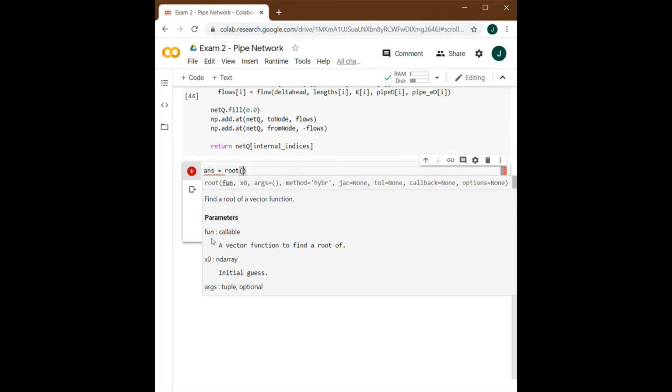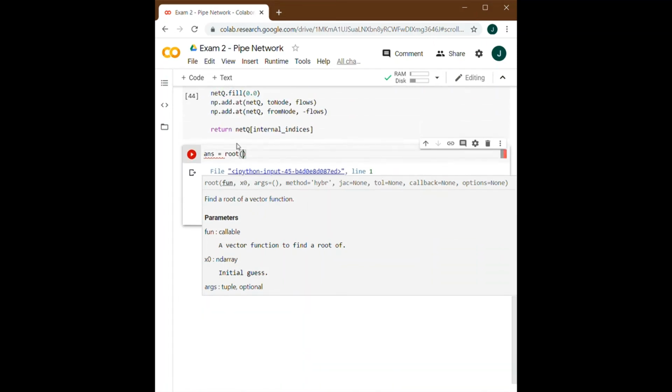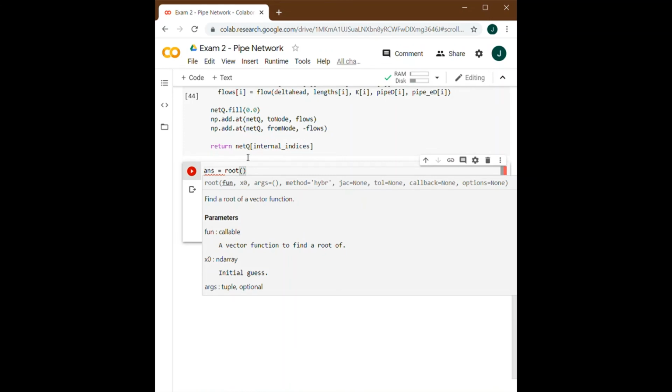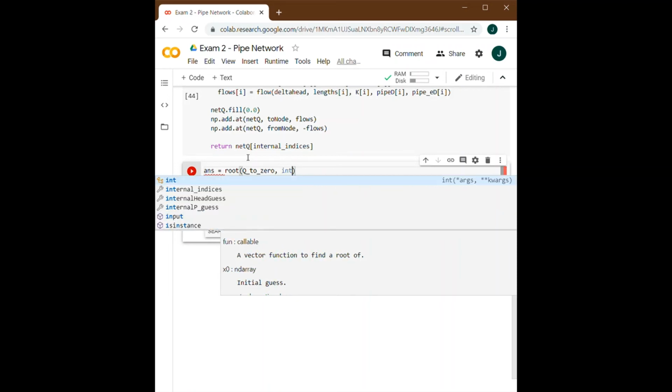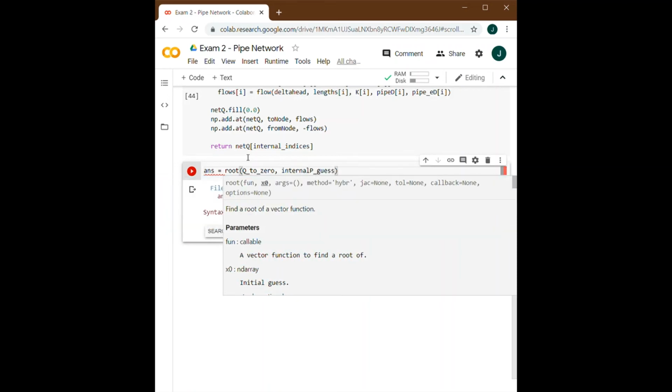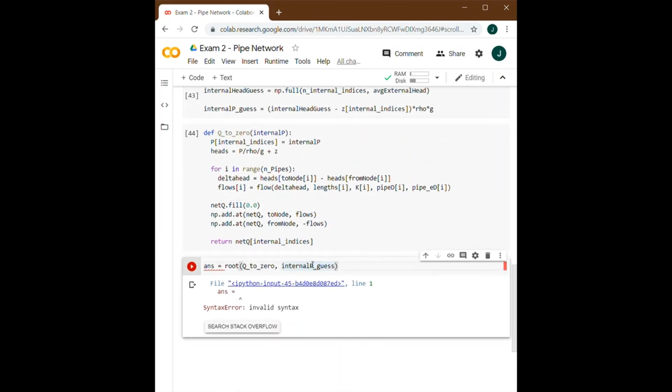Our first argument is a function, so we're going to pull in this function here, Q to 0. And then we're going to throw in our internal p-guess as our starting point.